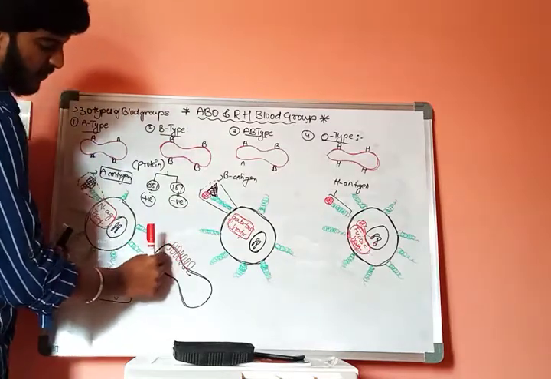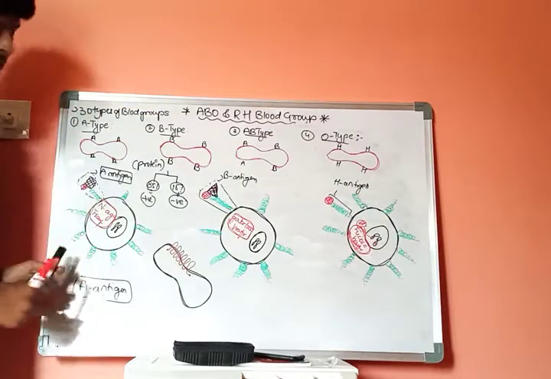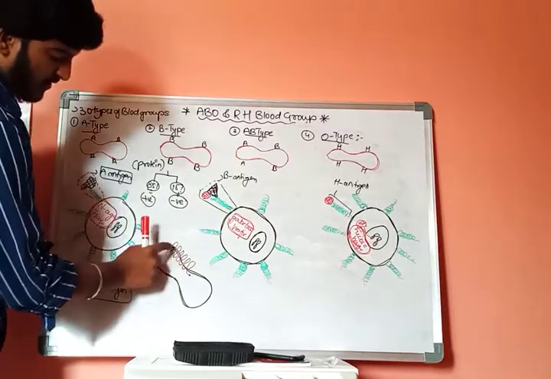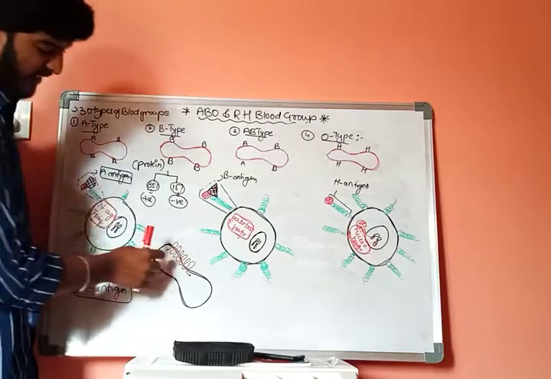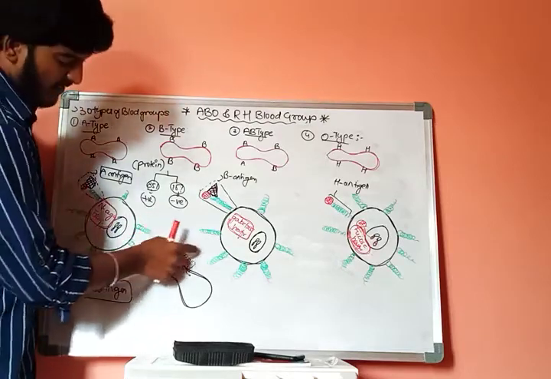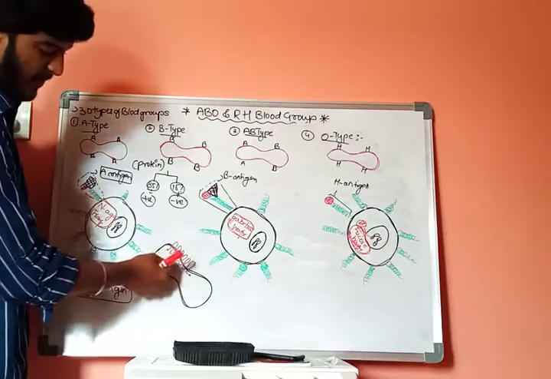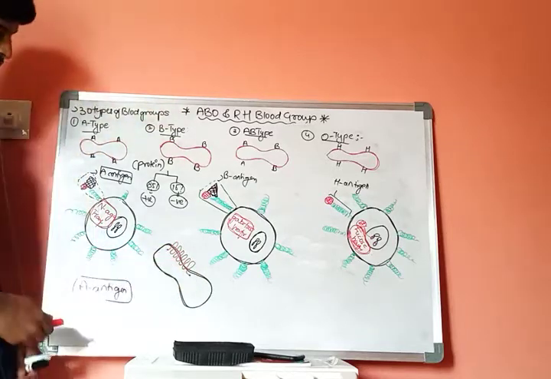This is a special type of peptide chain which contains 12 turns, that are 1, 2, 3, 4, 5, 6, and these are integral proteins. The upper part is present on the outer side of the membrane, whereas the inner part is present on the inner side of the membrane.